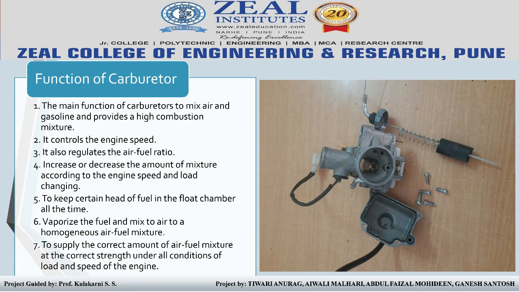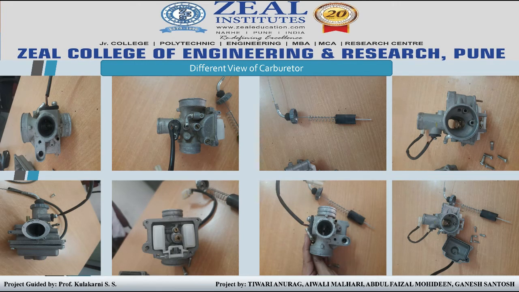It supplies the correct amount of air-fuel mixture at the correct strength under all conditions of load and speed of the engine. I have disassembled the carburetor to get an inside peek of it, and these are the pictures from different angles of the carburetor.